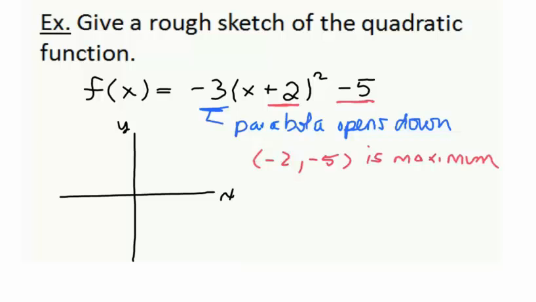Since our value of a is less than 0, that tells us (negative 2, negative 5) must be a maximum. So if we go and plot this point, negative 2, negative 5, maybe it's somewhere around here. And our parabola opens downwards. So this is a maximum point. So we have a parabola that looks something like this.